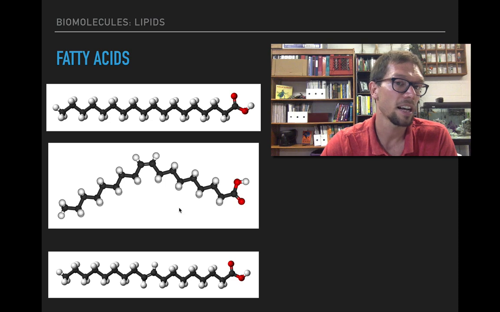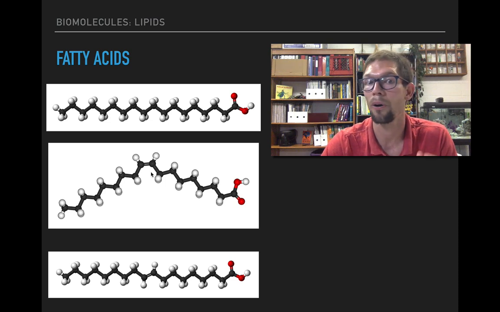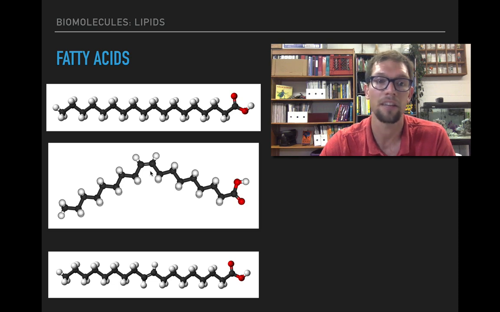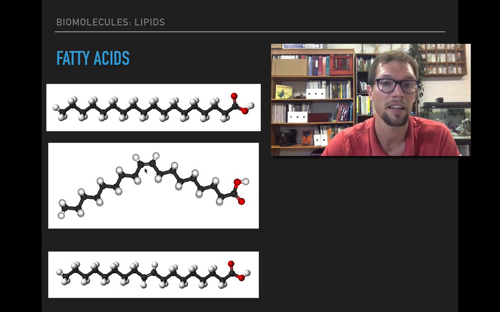Now if it's unsaturated, that means that it can have more hydrogens with it. And how that occurs is you have a double bond between some of the carbons. So if there's just a single one, it's a monounsaturated fatty acid. If there's multiple ones, it's a polyunsaturated fatty acid. And how this is formed can actually occur in two ways.